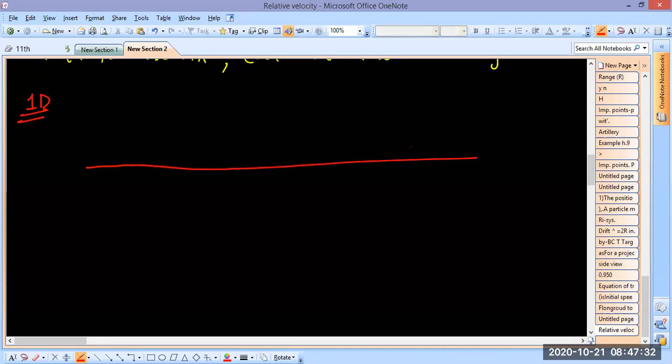Let's say there is a particle A, and here is a particle B. This is the positive side, this is the negative side, and here is the origin O, 0.